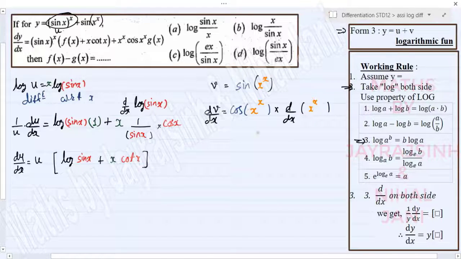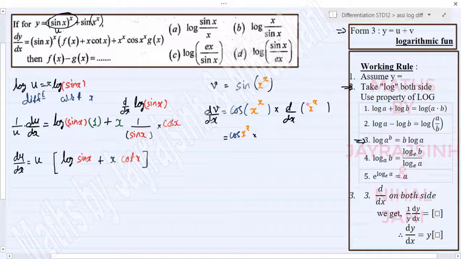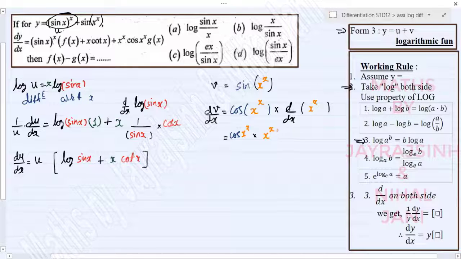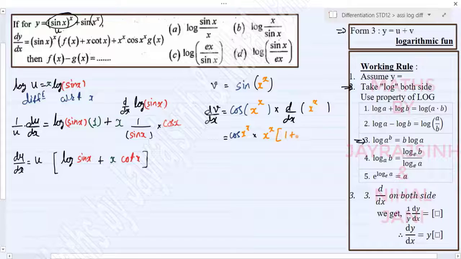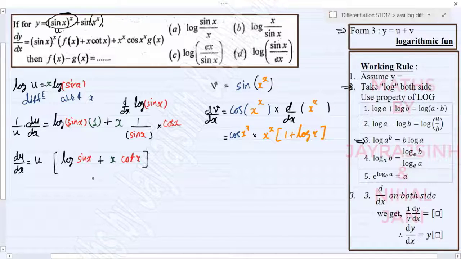Within the box we have x raised to x. Your cos x raised to x will be as it is. To find the differentiation of x raised to x, we can apply logarithmic differentiation, but we can remember the differentiation of x raised to x as a formula. So let's write down its differentiation, which is simply x raised to x into 1 plus log x. So we get our dv by dx.